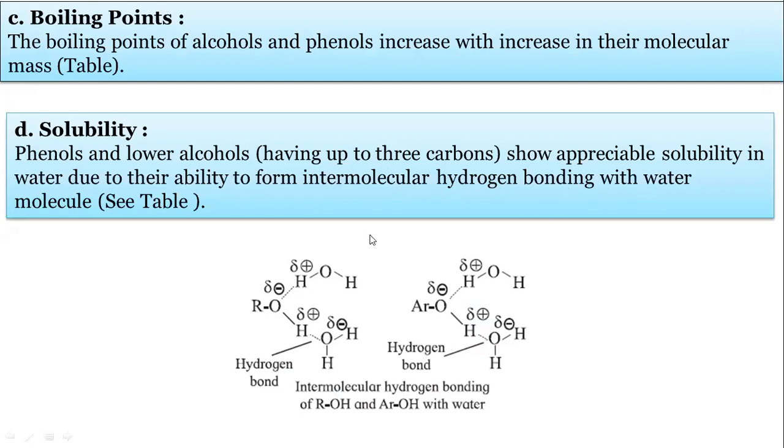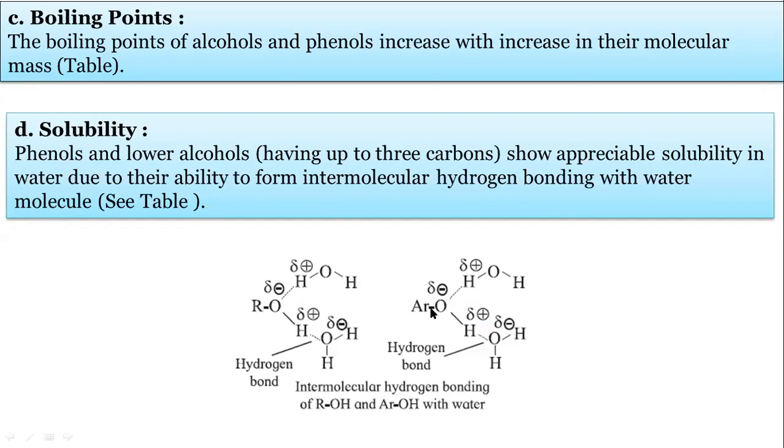See this example. These are hydrogen bonds formed with alcohol. This is ROH, this is alcohol and this is water. The intermolecular hydrogen bond is formed between this oxygen and this hydrogen.